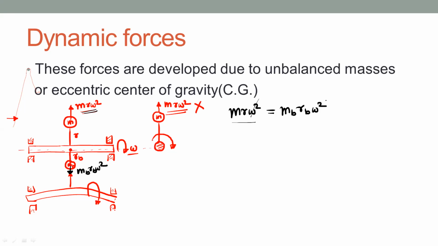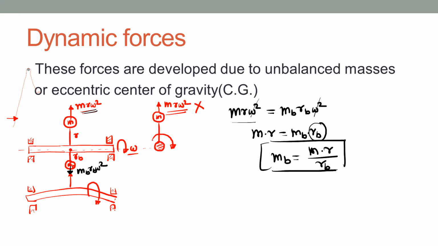Omega is the same, so the condition is m r equal to mb rb. We can select the radius rb, and from this we can calculate the balancing mass, mb equal to mr upon rb. So this is the balancing by adding a single mass in the same plane.